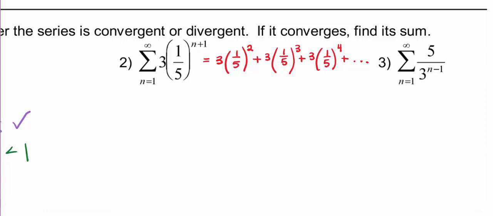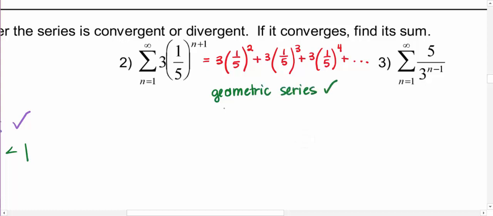Okay, so I can see that in my common ratio, yep, this is what I would consider to be a geometric series. So I'll write geometric series, and I'm just going to check that because, yep, I have identified a common ratio that gets me from term to term forever, but the common ratio does not have a 3 in it. That 3 is just a constant coefficient out there.